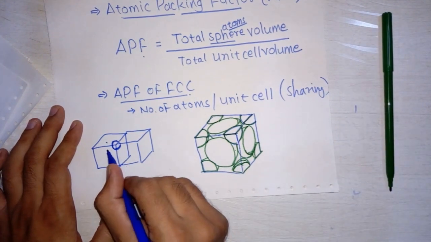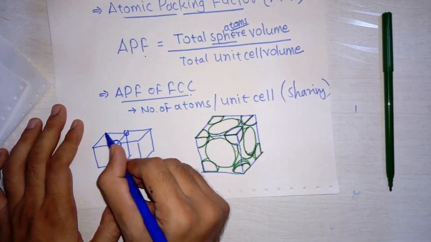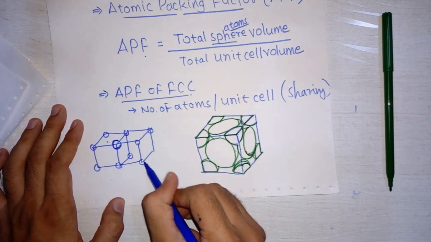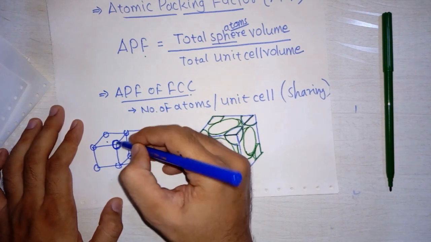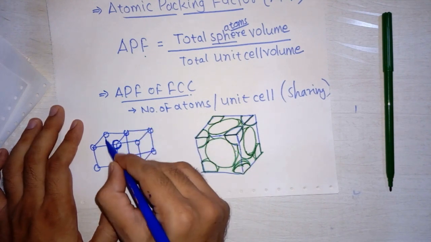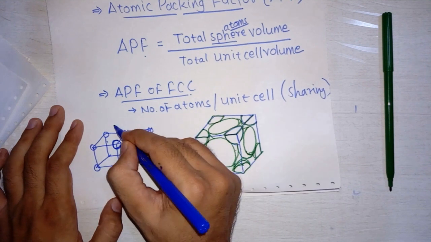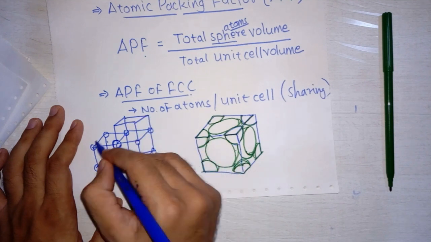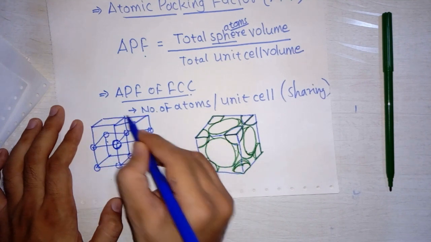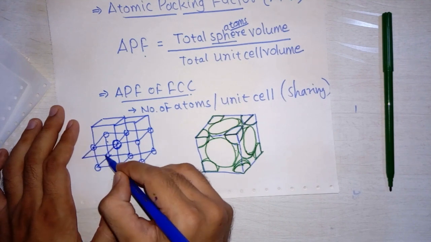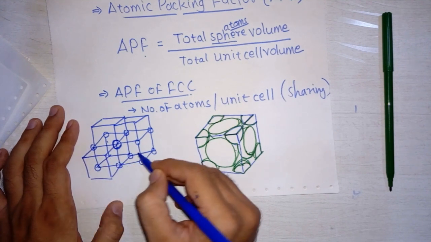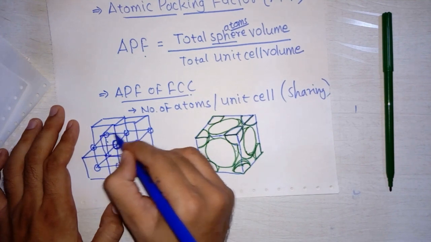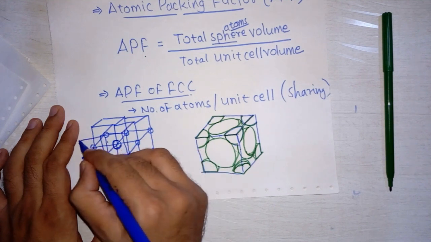So as we can see, if we take neighbor unit cells, let's say we have this type of unit cell, we will have one unit cell beside this, one unit cell at the top of it, one unit cell over here, one unit cell in front of this particular unit cell, one unit cell over here, one more unit cell at the top, one more unit cell over here.